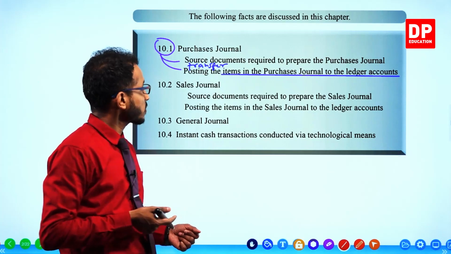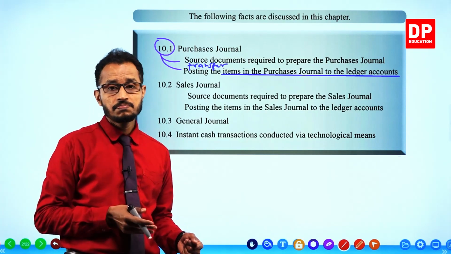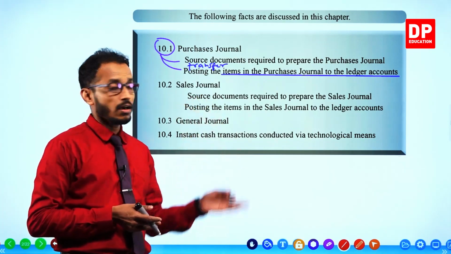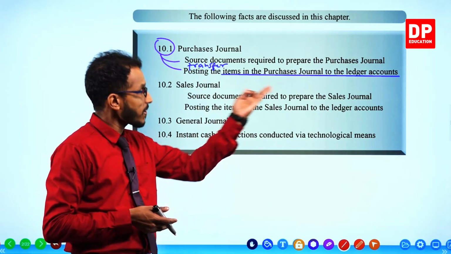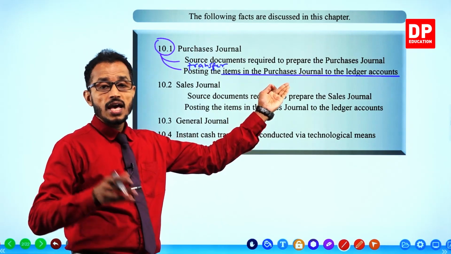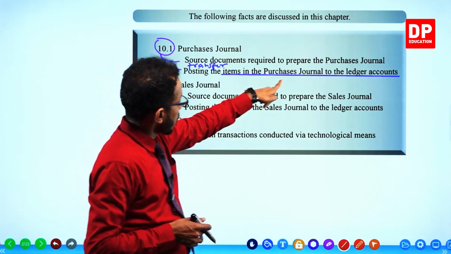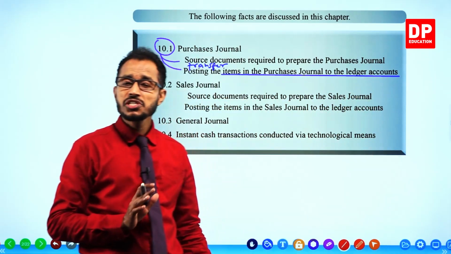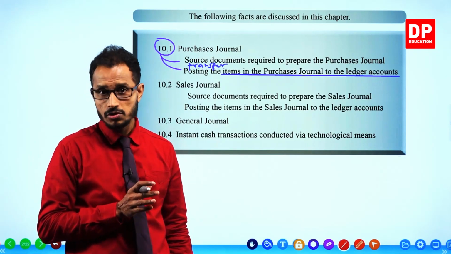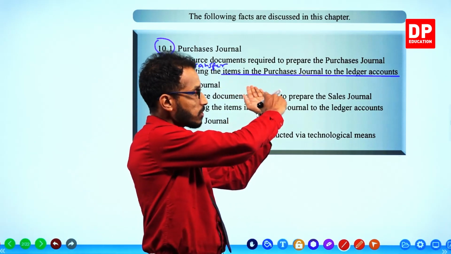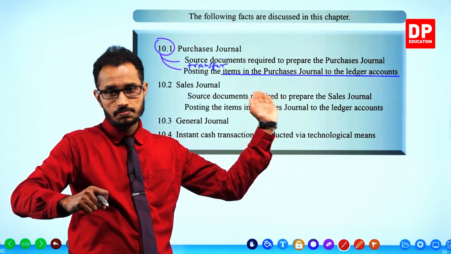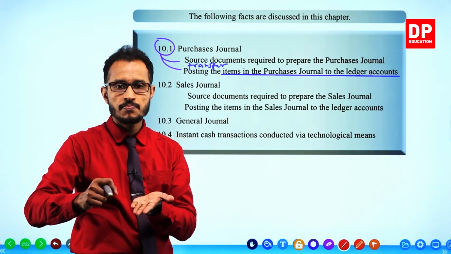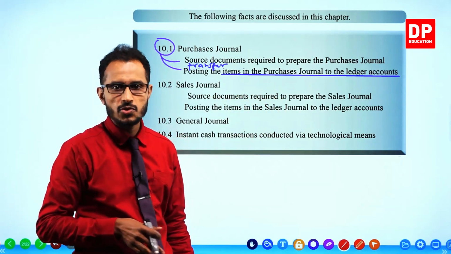But in this lesson, you are going to prepare these prime books, and you are going to get the information from the prime books to the ledger accounts, according to the double entry system.